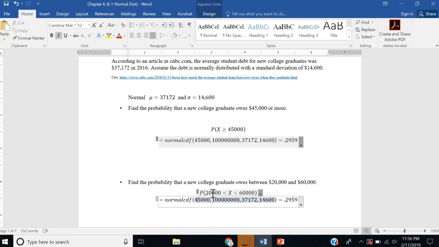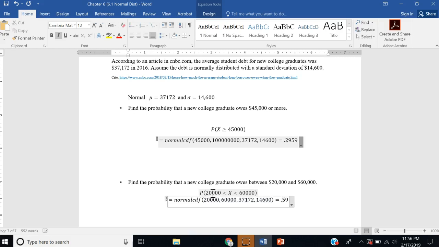My 20,000 is my lower number. My 60,000 is the higher number. My mean is once again 37,162. Oops, I forgot to type in 60,000 and 20,000. So 20,000 lower, 60,000 upper, my mean, my standard deviation, and I got 0.8213.